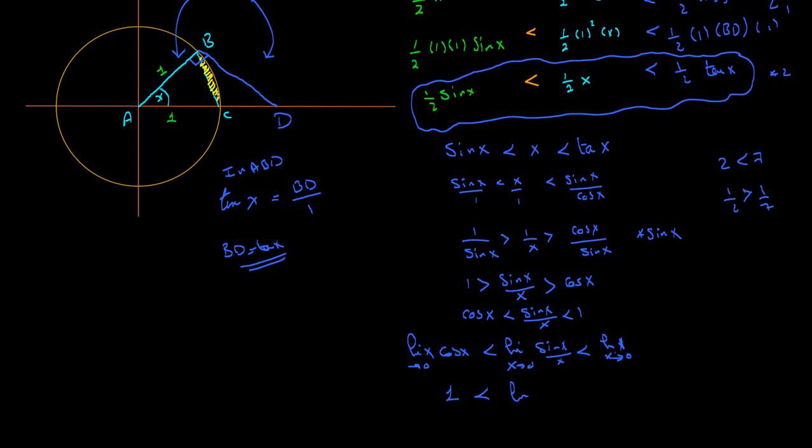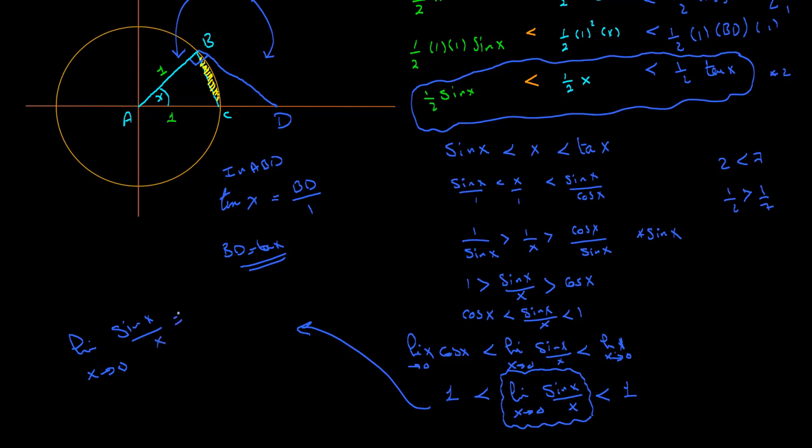The middle is the limit we are looking for, sine x over x, and the right side is 1. So the limit of sine x over x is greater than 1 and smaller than 1. So directly, the limit as x tends to 0 of sine x over x equals 1. Thank you for watching.